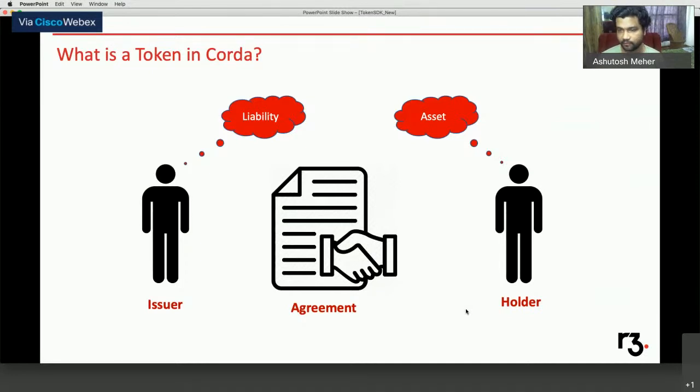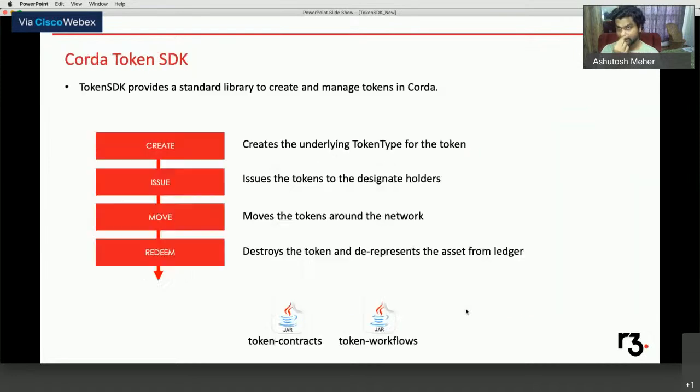So, taking the same example of the quote which I said while I introduced you to token, the issuer of the token, whoever is holding that quote for you, is issuing that token by saying that whoever is the holder of this particular token can come back to me and redeem this token in exchange of the quote. So that in turn becomes a liability, and for the holder, it becomes an asset. So that's the broader sense of how we think of tokens from a perspective.